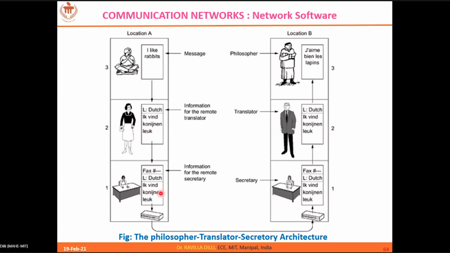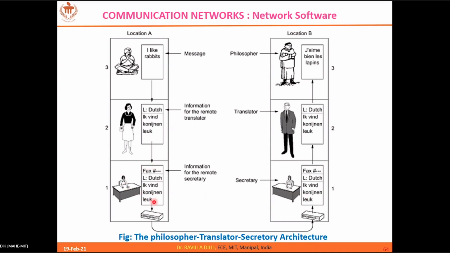Similarly, at layer 1, you are using the same sort of communication, which is a fax. Whatever you use on the sender side, you have to follow the same thing at the receiving end. Then only there is a possibility of communication. So the same set of protocols must be followed by all the nodes in the network.